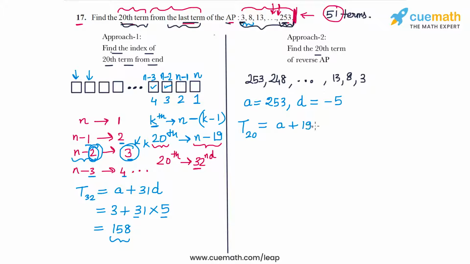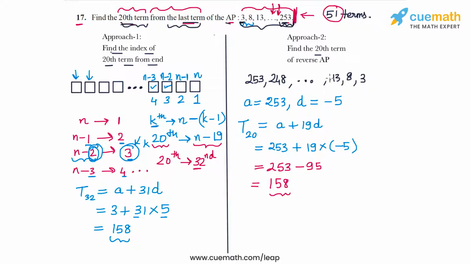So A is 253, and then we have 19 into minus 5. 19 into minus 5 is minus 95. So 253 minus 95 is equal to 158. So we get the exact same answer as the first approach.